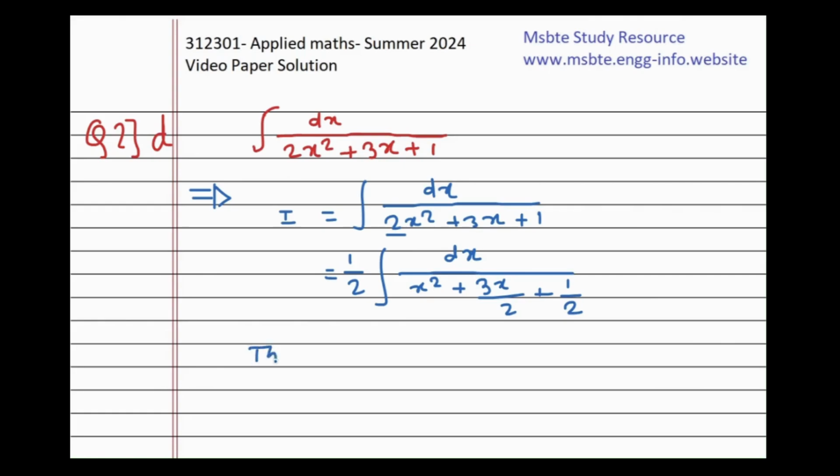Now we will go for the third term. In order to complete the square, we need the third term. The formula for the third term is 1 upon 2 into the middle term and whole bracket square.